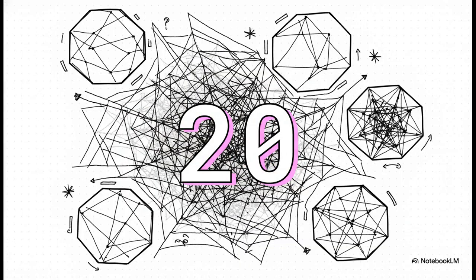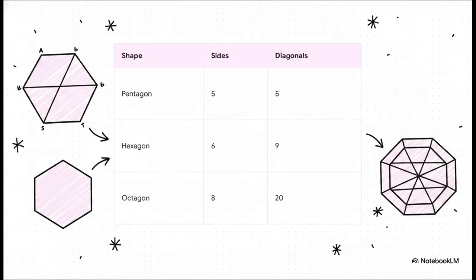Boom, the answer is 20. It's a surprisingly huge number, right? Honestly, if you actually try drawing all 20 diagonals inside an octagon on a piece of paper, it literally ends up looking like a wild, chaotic spiderweb. Trust me, I absolutely wouldn't recommend trying to count them one by one during a timed test. And, well, this brilliantly illustrates why memorizing a quick mental cheat sheet is your absolute best strategy.